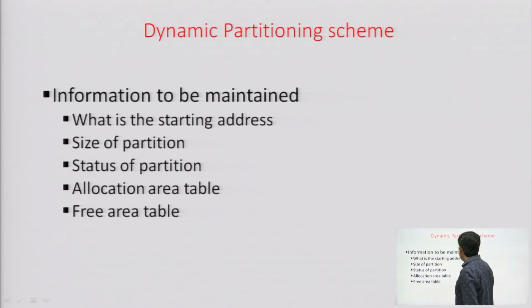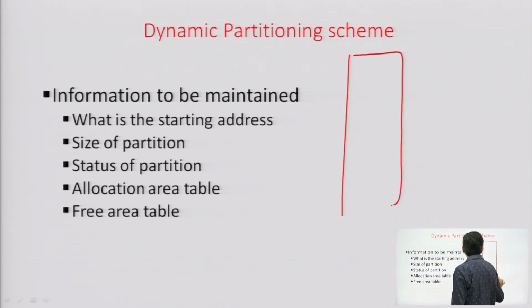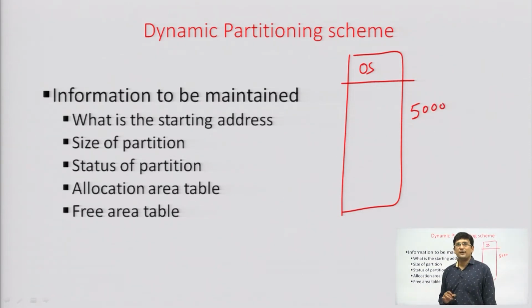Okay. For example, if this is the memory, and in this memory this is the OS region. Let us say the user area is of size 5000. So, the 5000 size user area is considered as a single hole, where any process can be accommodated.